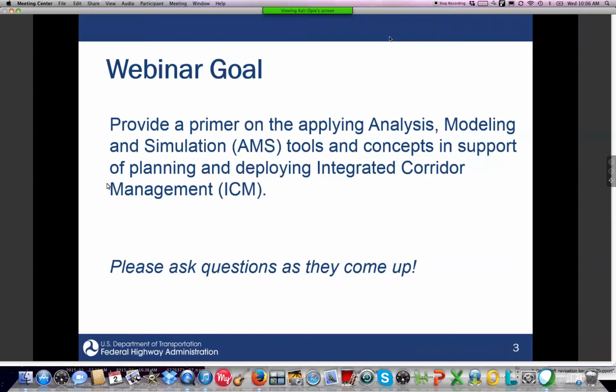So you're certainly not going to come away from this being an expert on how to apply AMS for an ICM, but it hopefully will start to help you key in on some of the key questions that you should maybe be thinking about, especially as you move forward with the applications of the ICM contracts that were recently kicked off for both New Jersey Northeast Quarter and the 495.